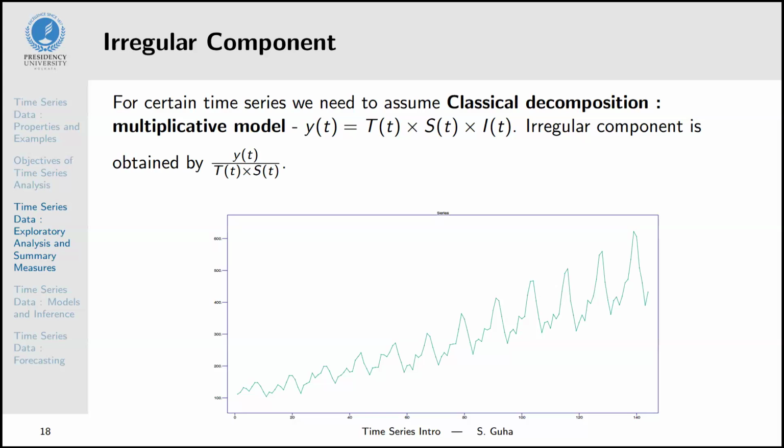So how do we remove the trend part or the seasonal part? Subtracting won't help us, but dividing the original Y_t data by the trend part and the seasonality part should return us the irregular component. For example, this is a data set where the classical decomposition under the additive model is not satisfied. Here we have to do the multiplicative, and remove the trend and seasonality by division, not by subtraction.